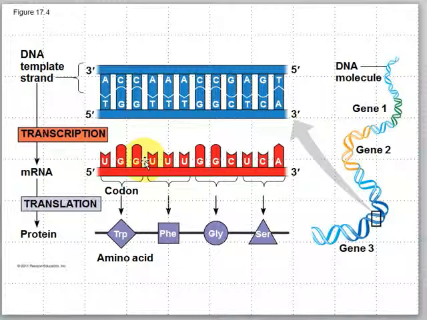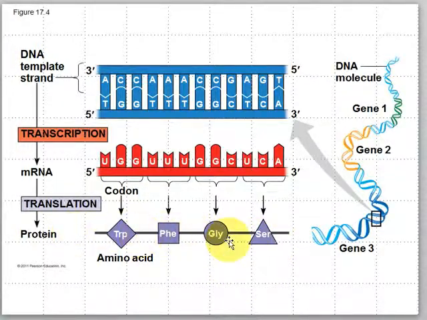And that messenger RNA would leave the nucleus and go out into the cytoplasm where the ribosomes are. The ribosomes would use this as a template to tell them what to build. And so each of these triplet codons tells the ribosome, okay, build this particular protein using this amino acid here, this amino acid here, this amino acid here, and here.